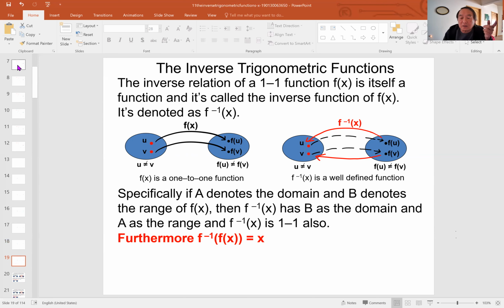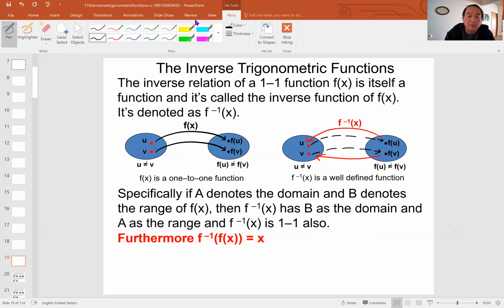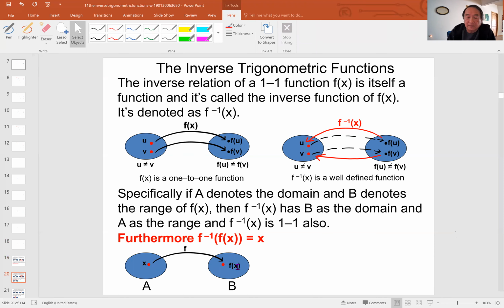By the way, if the inverse does exist, then we have this very fundamental algebraic identity. If I start out with an x and take the round trip, x goes into f and becomes f of x, then f inverse takes it back to x.